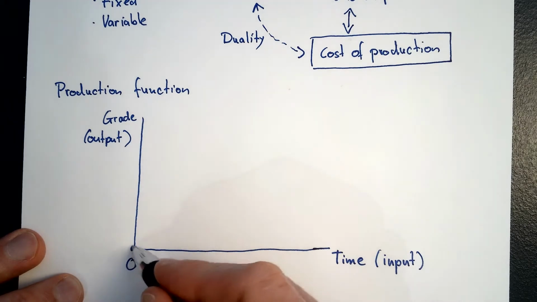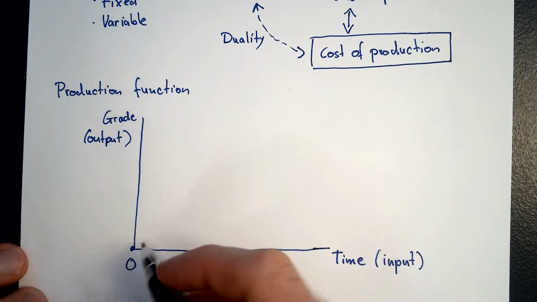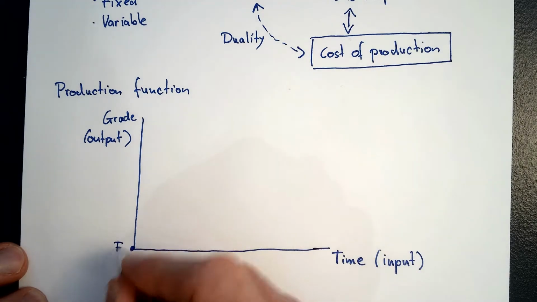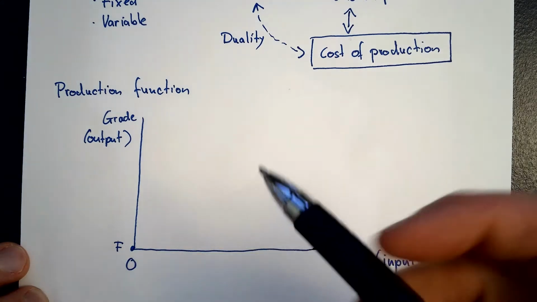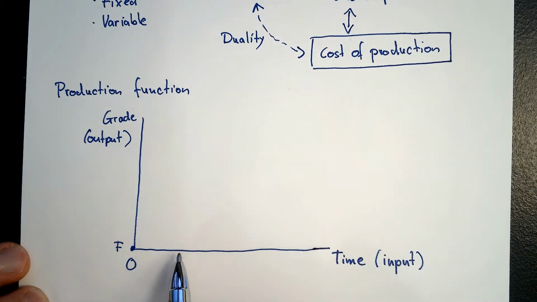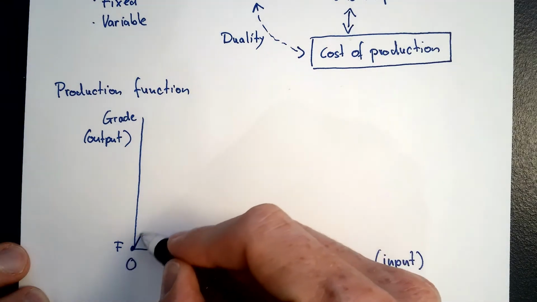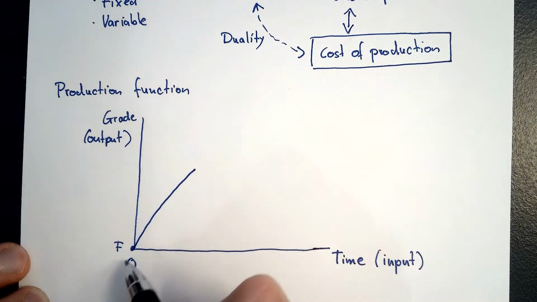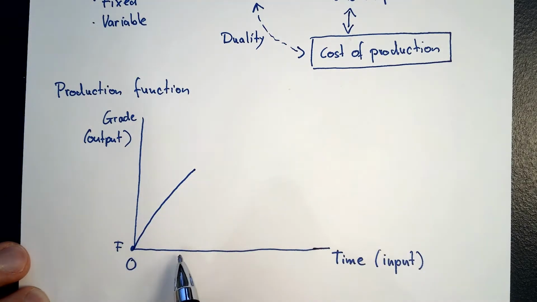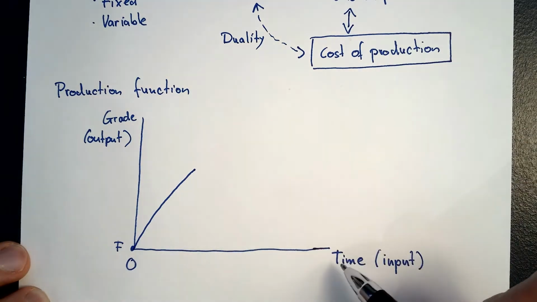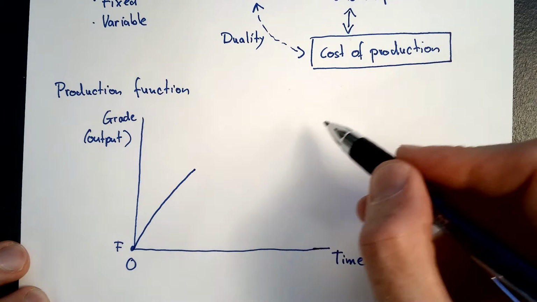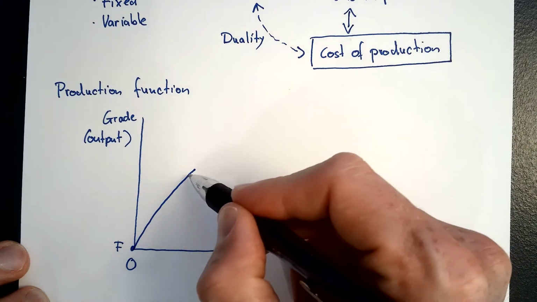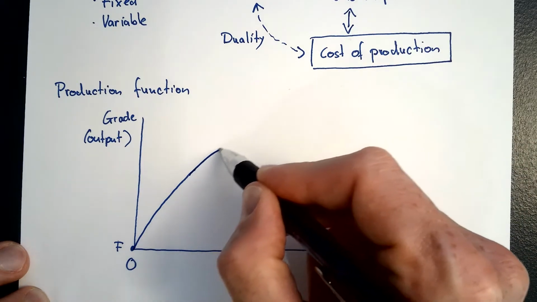Then assume here that you're going to get the lowest grade. Say, let's make this an F. But usually in many classes, if you start to spend a little bit of time for a class, your grade is going to increase significantly. And the more and more time you're spending on a class, then your grade is still going to increase, but at a much lower rate.